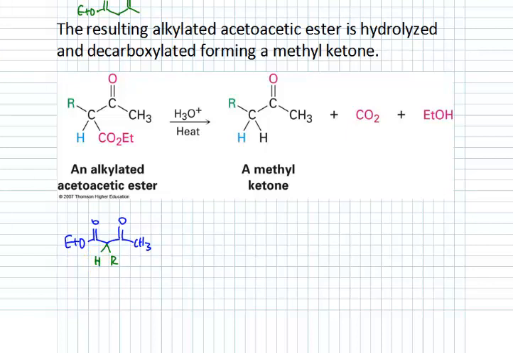Okay, so first thing that happens, ester hydrolysis, H3O+. Right? Remember, this is acid catalyzed, so you have to go back to our last chapter where it says that the carbonyl is protonated first. Okay? Water attacks, there's a proton transfer, and then EtOH gets kicked out as a leaving group. So you end up with a carboxylic acid.